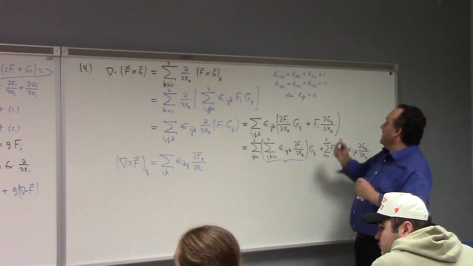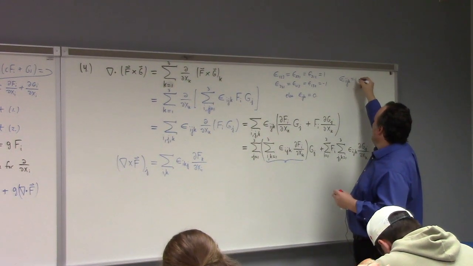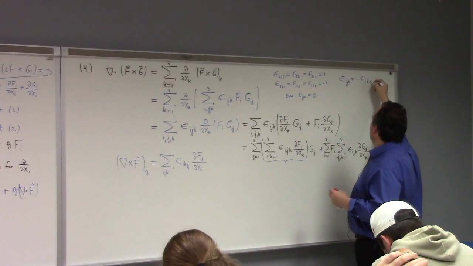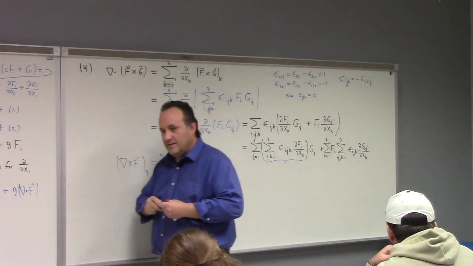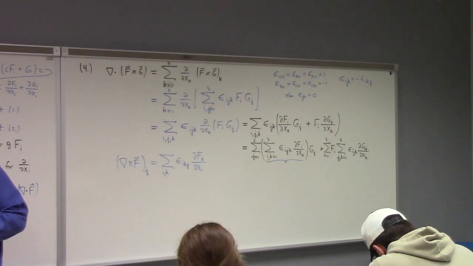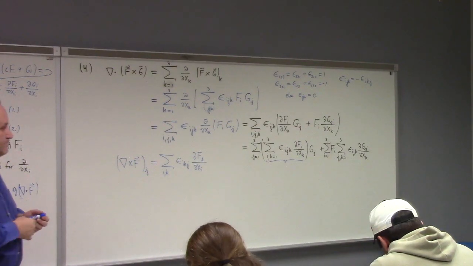What does that mean? One of the properties of the epsilon symbol is that if we flip any pair of indices, we get a minus. This is the fundamental thing about it. Any flip of a pair gives you a minus of what you started with. That's how it's constructed. It's the completely anti-symmetric symbol.